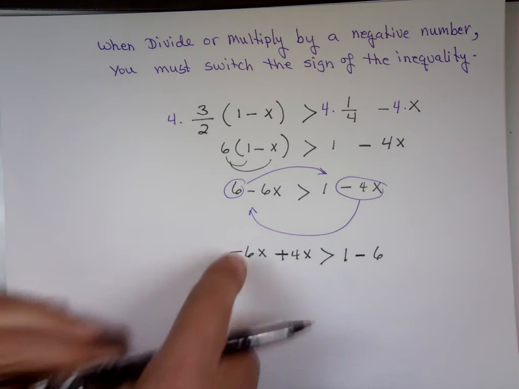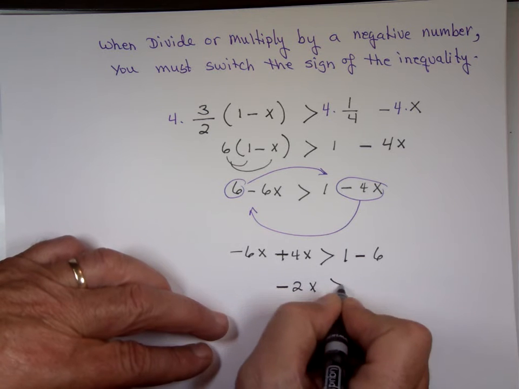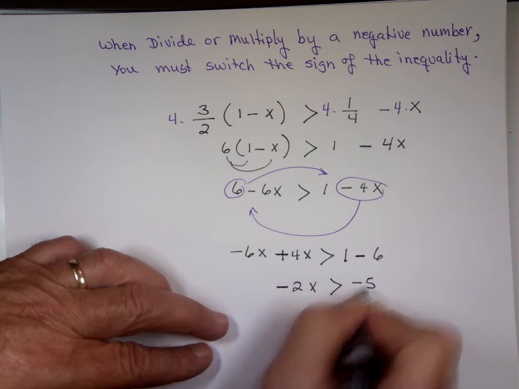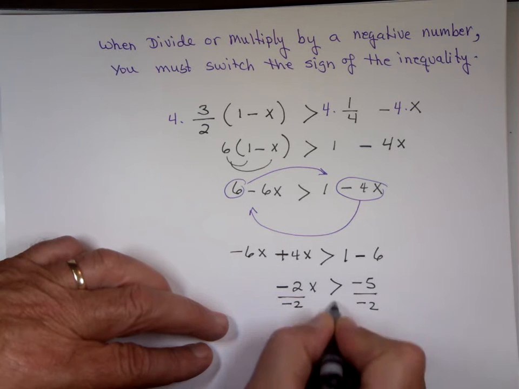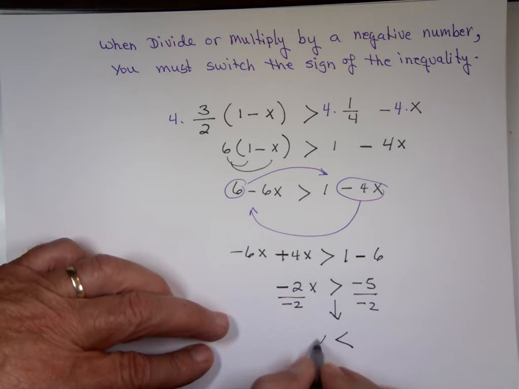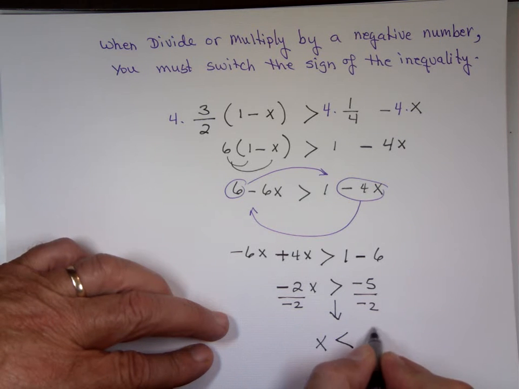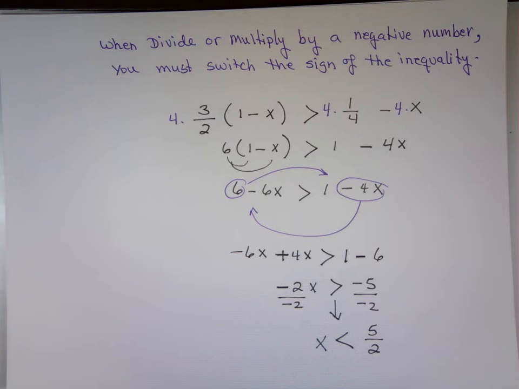What's negative 6 plus 4? Negative 2x greater than what? Negative 5. I'm going to divide by a negative 2. Notice I'm dividing by a negative number. I have to switch the sign of the inequality. What's a negative over negative? Positive. Was that the same answer? Yeah.